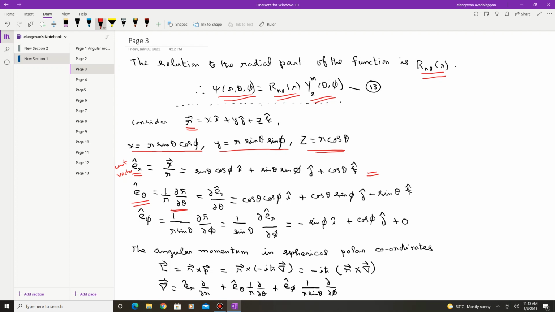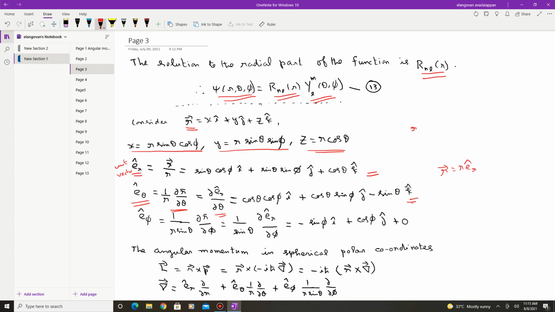Because the vector r is equal to r times the unit vector e r, you substitute here. The e suffix r is available from the previous step, and if we differentiate with respect to theta, you will get this expression. So e suffix theta can be determined.